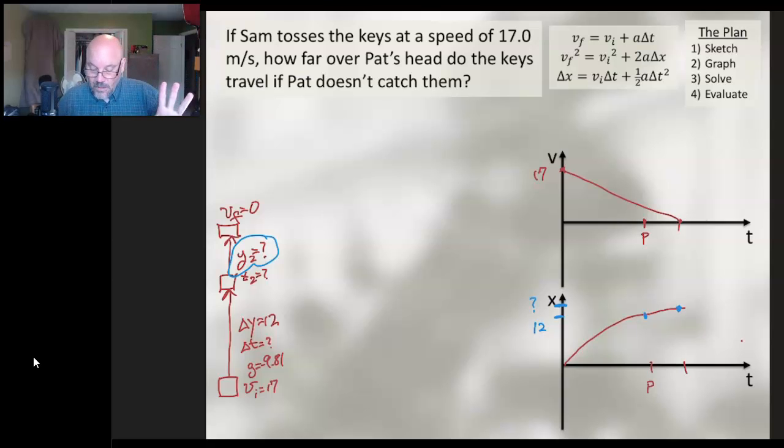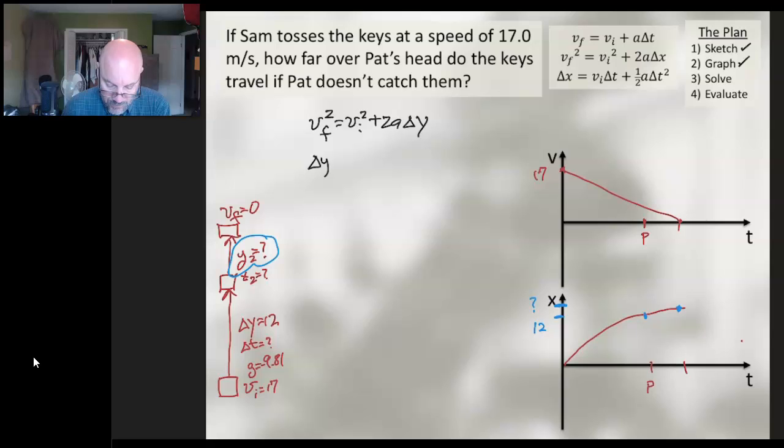This is a great one for Bumblebee once again. We did our sketch, we did our graph. All right, Bumblebee, let's roll it out. So we've got V final squared equals V initial squared plus 2A delta Y, and we're looking for our delta y.